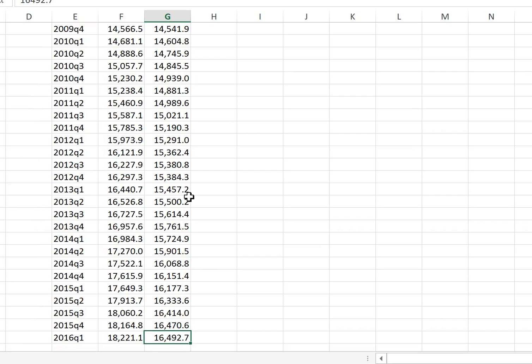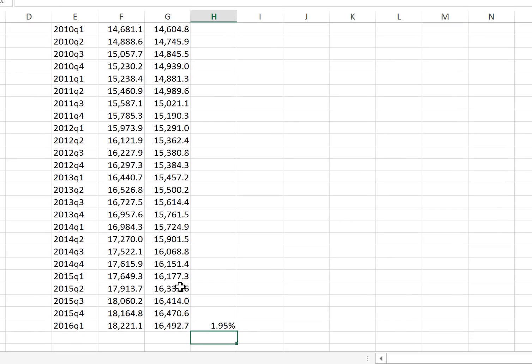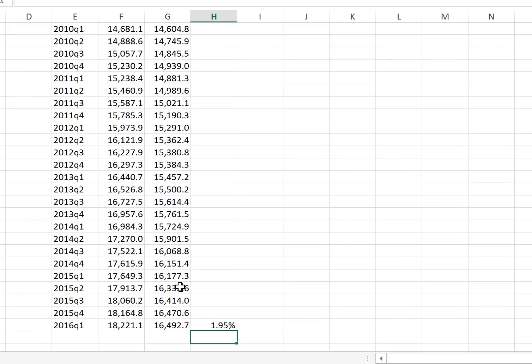Okay. So here we see the latest data. Now, if I take Q1 2016 divided by Q1 2015 minus 1, there's my 1.95%.